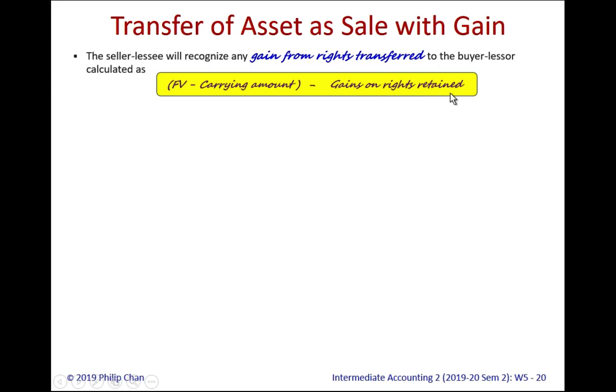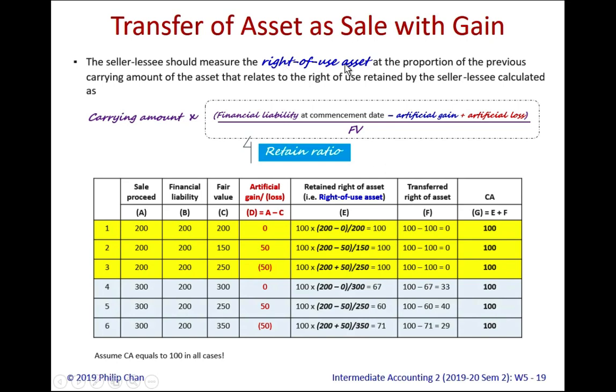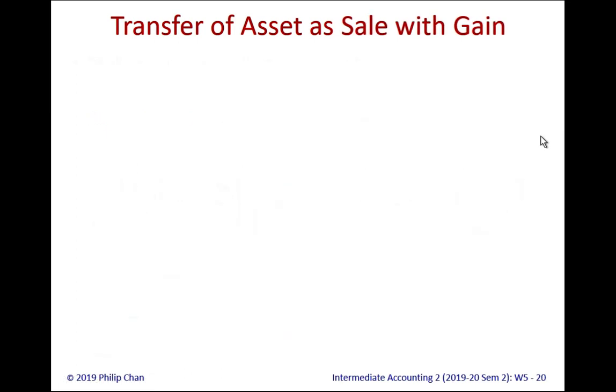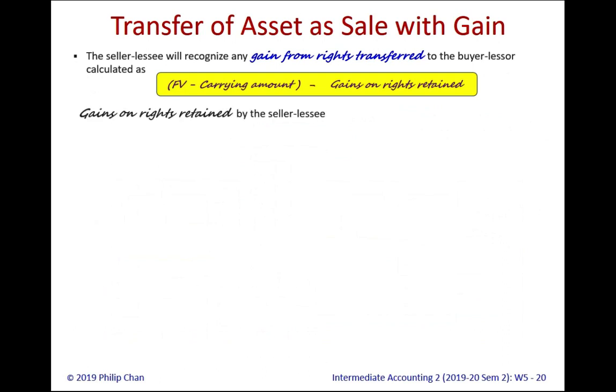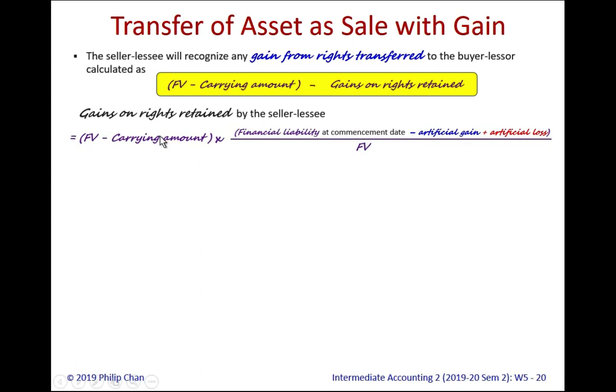Gains on rights retained sounds familiar, right? Yes, indeed. Remember, we've looked at the formula to work out the right of use asset. That represents the asset that we retain from the point of view of the seller-lessee. So you're going to see a very similar formula. To work out the gains on rights retained, it is equal to the total gain, fair value minus the book value, multiplied by the financial liability at commencement day, adjusted for artificial gain or losses, compared with fair value.